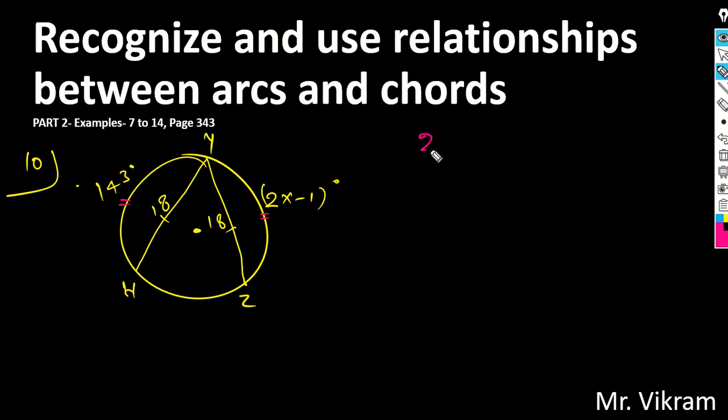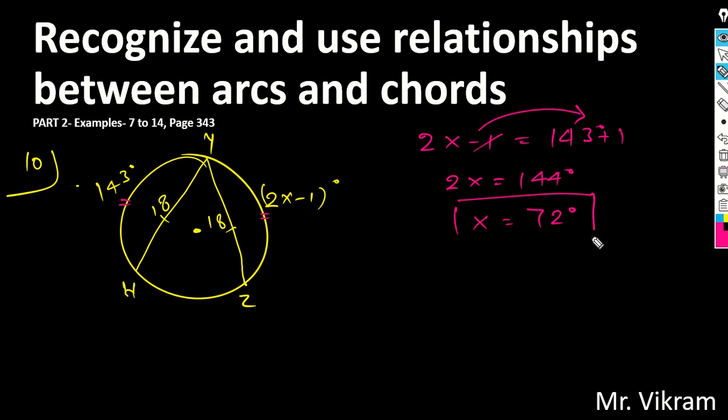So you can simply write 2x minus 1 is equal to 143 degree. 2x will be equal to 144 degree because you take the 1 to the other side. And now x is equal to 144 divided by 2, which will give you 72 degree. x is equal to 72 degree.